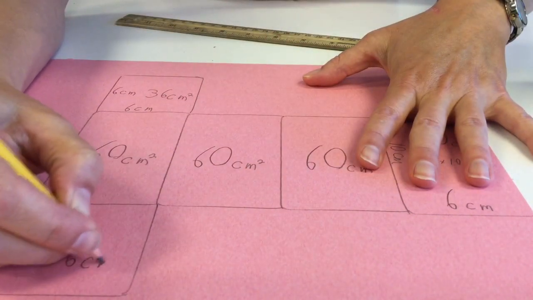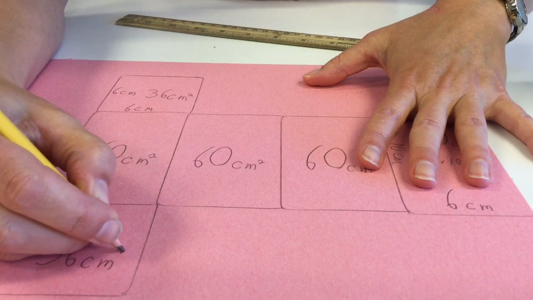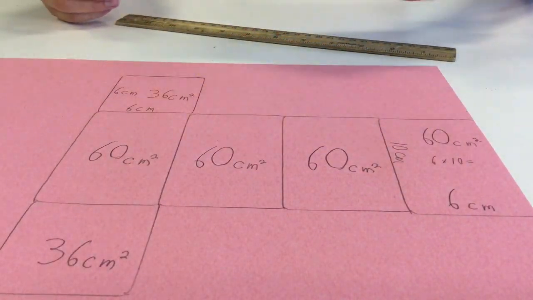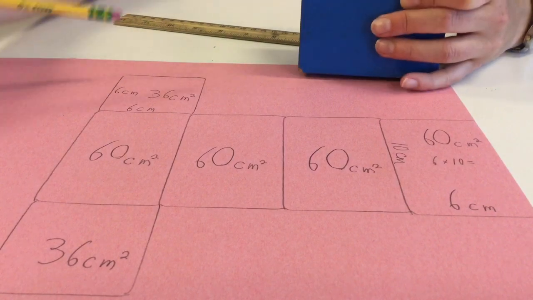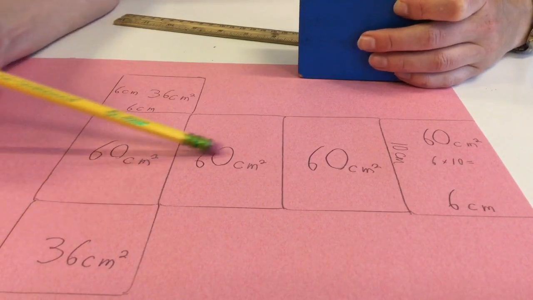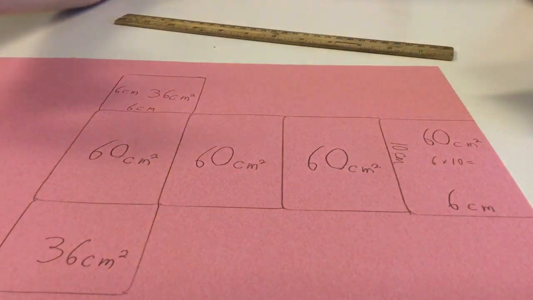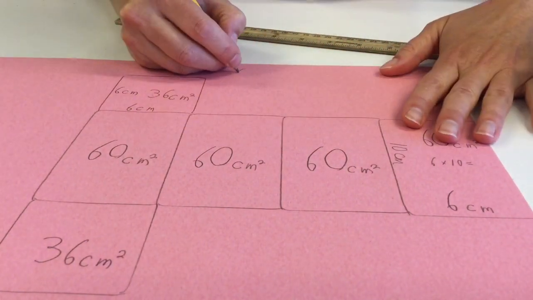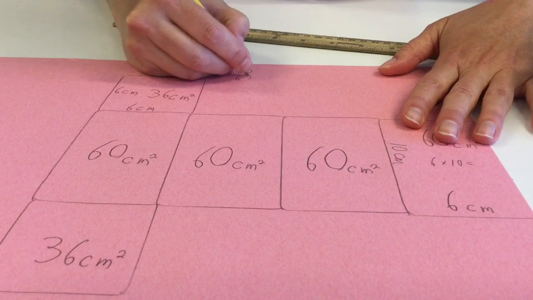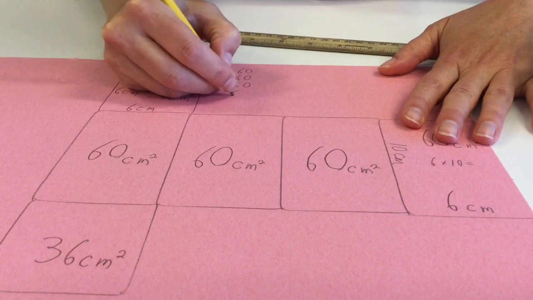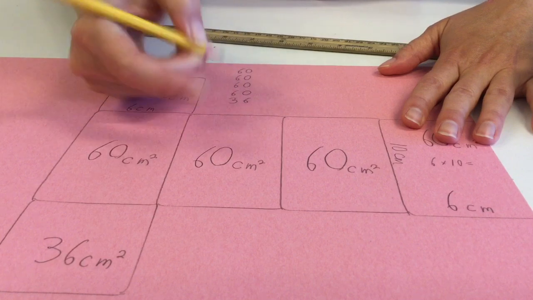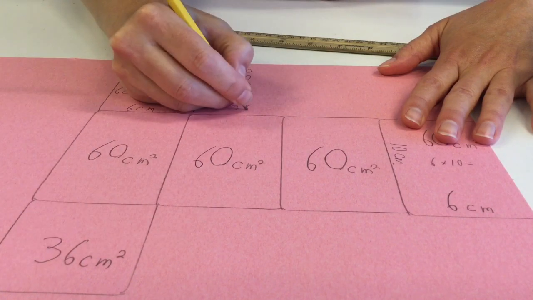Okay. So to figure out the whole surface area of this gigantic rectangular prism, I now have to do a giant addition problem, right? I need 4 60s, oh boy, 1, 2, 3, 4, plus a 36 and a 36.